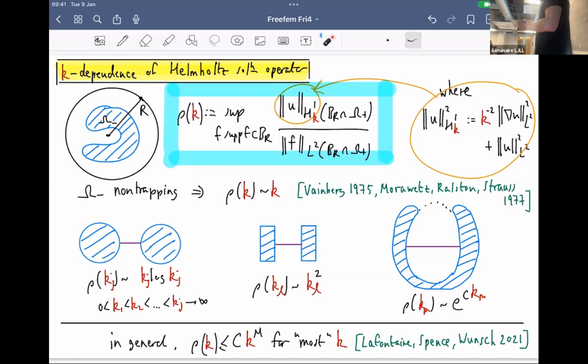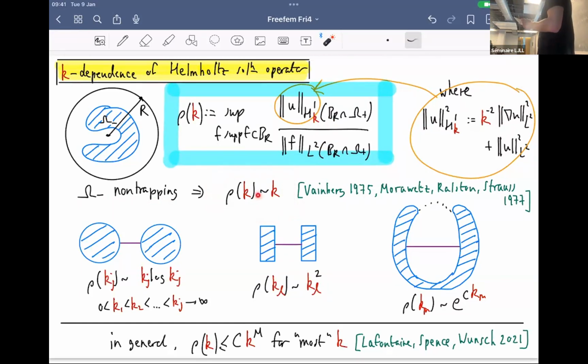And so we talked about what trapping and non-trapping were. These are the key geometric properties that dictate how the norm behaves in k. If the obstacle is non-trapping, then the norm of the solution operator grows with k as k increases.